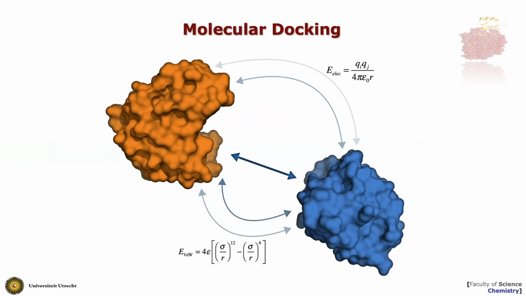So this is docking in a nutshell. Given the structures of two biomolecules, proteins in this particular example, can we predict how those interact?